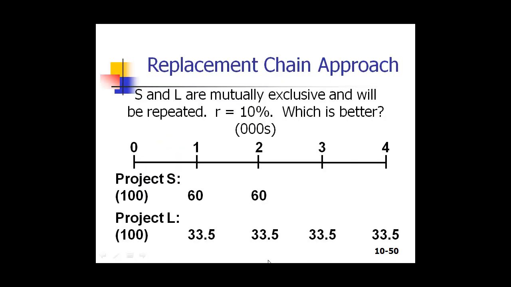Okay, so let's say you have two projects. We are now talking about comparing two projects that do not have an equal life. You have project S, where you invest 100 and then you get 60 and 60. And you have another project where you invest 100 and then you get 33.5 over 4 years. Let's say you are also told that this business is a very simple business where you are buying a photocopy machine and then you are selling photocopies.